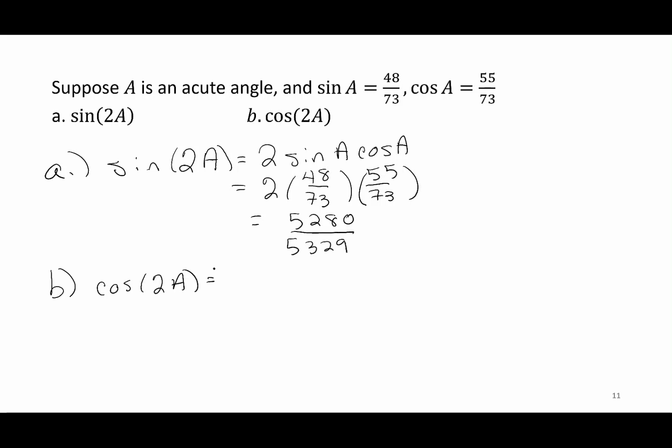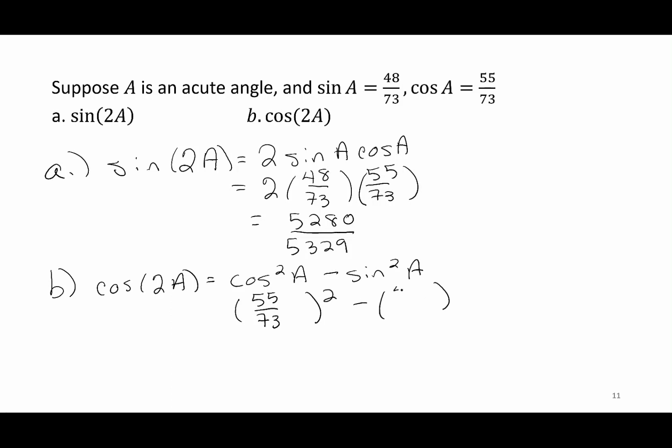To find the cosine of 2A, we first have to decide which of the 3 versions of the double angle we want to use. For this problem, let's try cosine squared A minus sine squared A. Cosine of A is 55 over 73. We'll square that value.